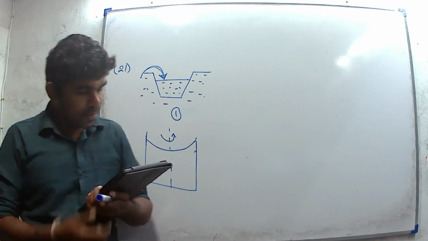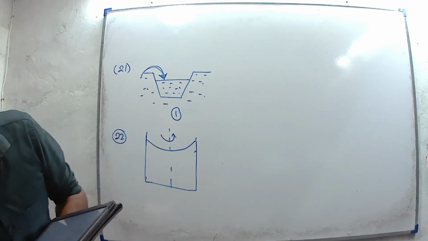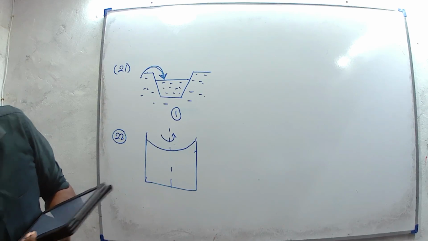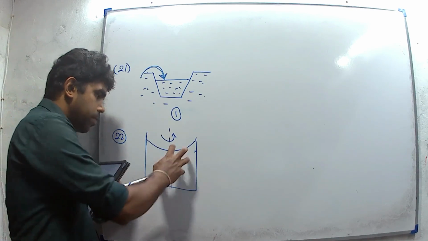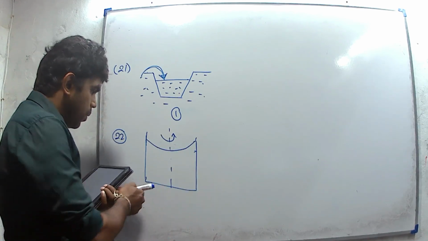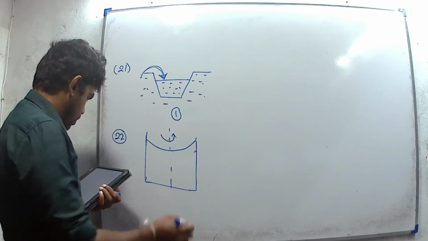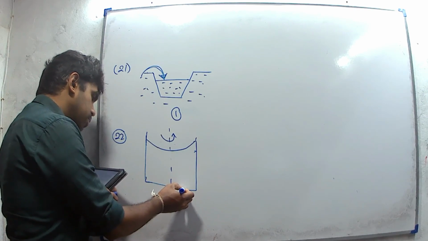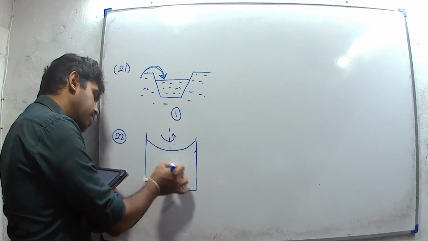Then considering the cork, we know that its density is less than the medium density. Therefore, it should move towards the center like this.